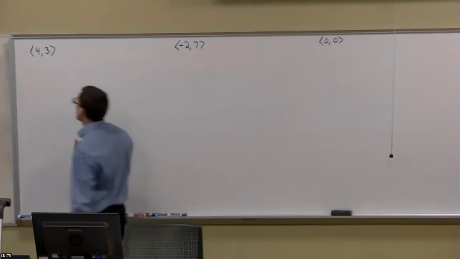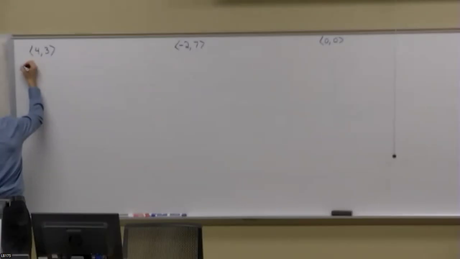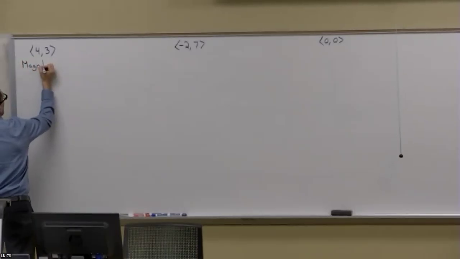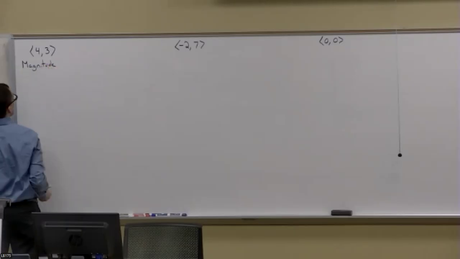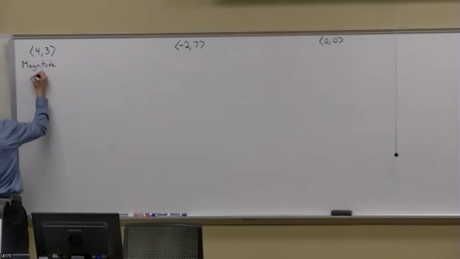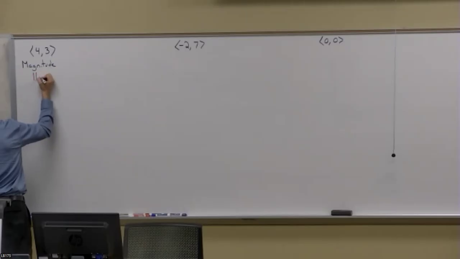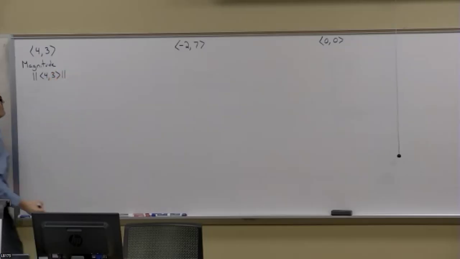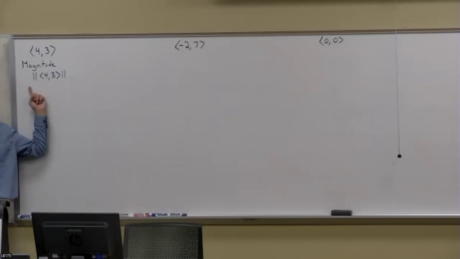All right, so let's take 4, 3. We'll try to find the magnitude or the length. We denote the length or magnitude of the vector 4, 3 by doing 2 lines on each side.